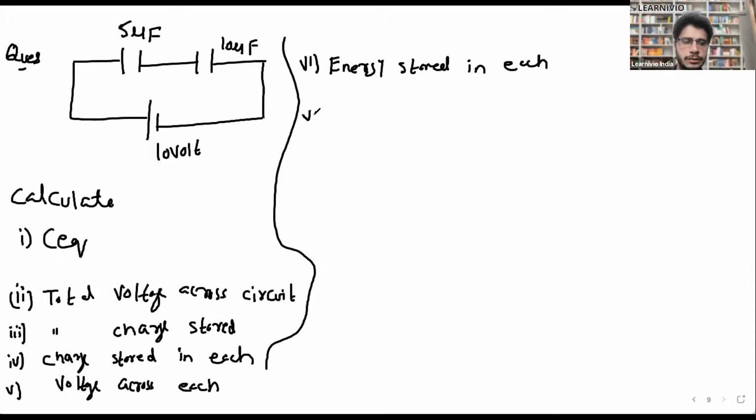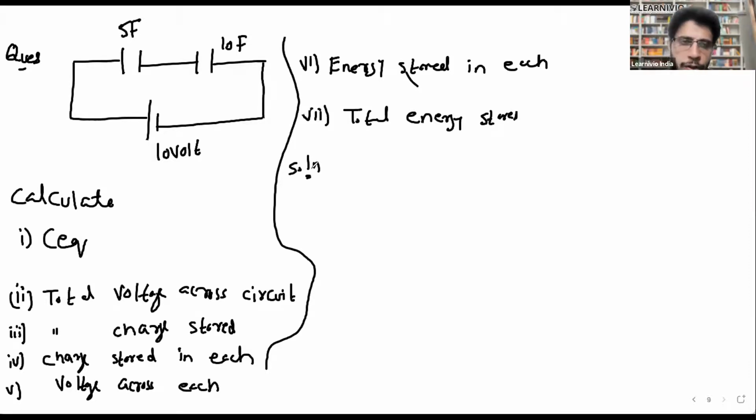And then in seventh part, I need total energy stored. And I'm removing this micro here, just keep it as farad only. So you have 5 farad and 10 farad.